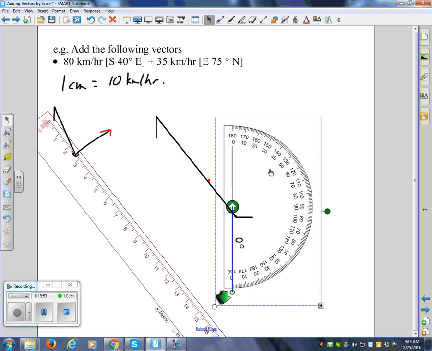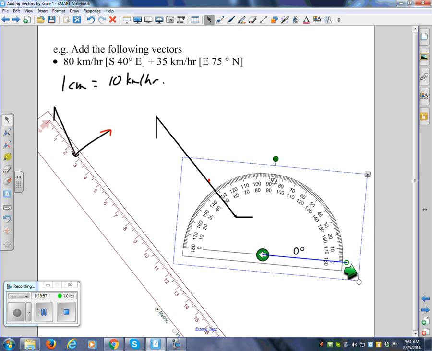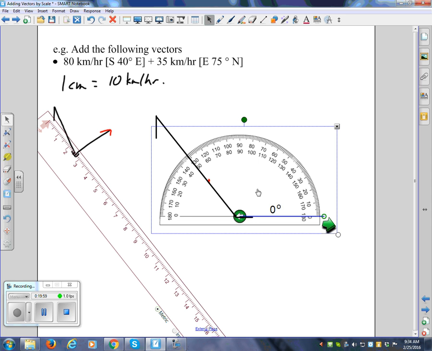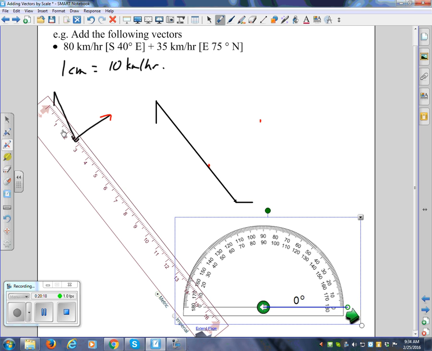So from east, 75 north, right? Okay, and I'm going 35 kilometers an hour, so that's going to be 3.5.